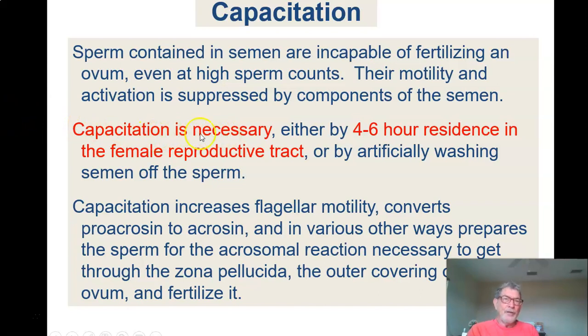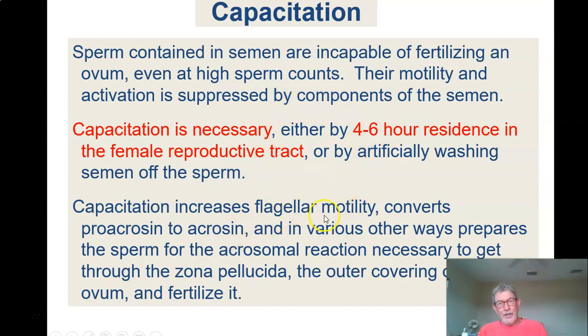If you do this in a test tube, if you're a test tube baby, you have to thin the solution down by adding saline and stuff to capacitate so that it can start swimming. The female vaginal secretions provide this capacitation in nature, and so it capacitates the sperm so it can start swimming upstream.